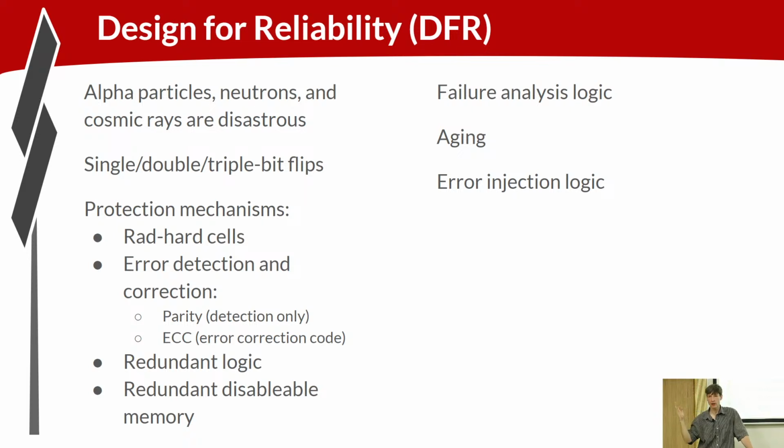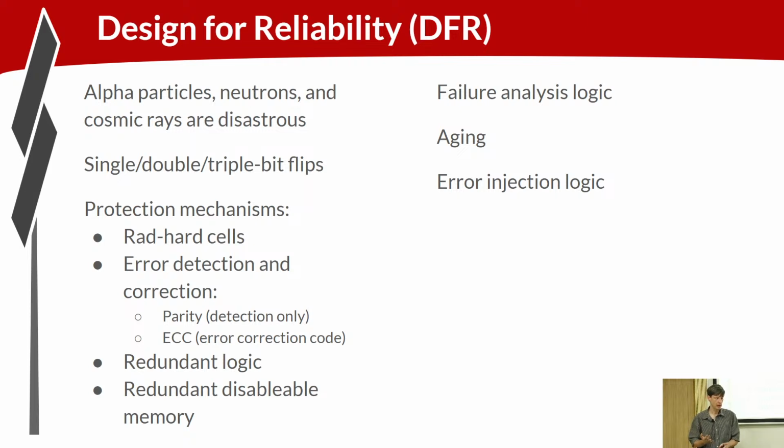Parity is simply the XOR of a bunch of data bits. You XOR the bits, you store that value along with the bits themselves, and if a bit flips and you recompute the parity and it mismatches, you know a bit flipped. If two bits flip, parity still matches, so you don't know any better. That would be single bit detection, no correction.